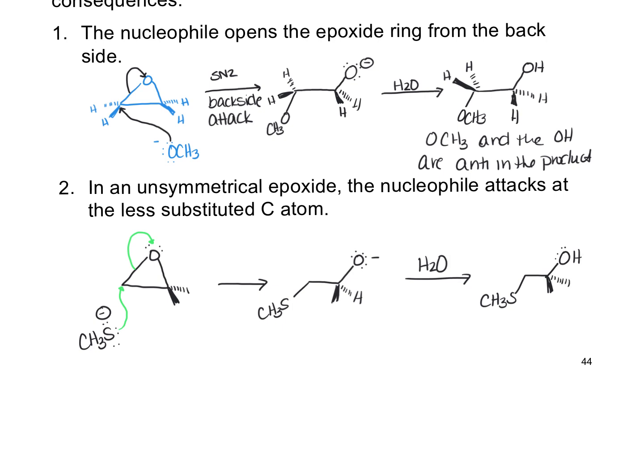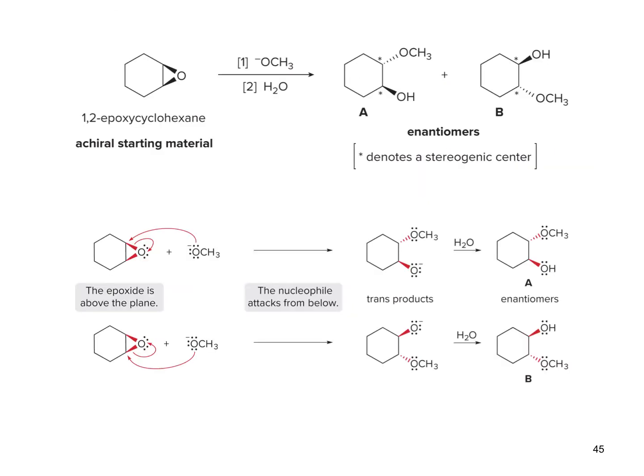Okay, let's look at another situation that we can run into with stereochemistry. When we look at this example of 1,2-epoxy cyclohexane undergoing the nucleophilic substitution reaction, what we find is that we have an achiral starting material and we end up with an equal mixture of enantiomers here.